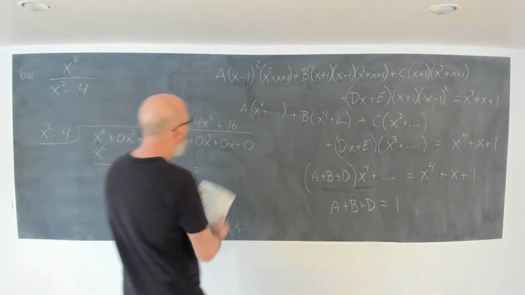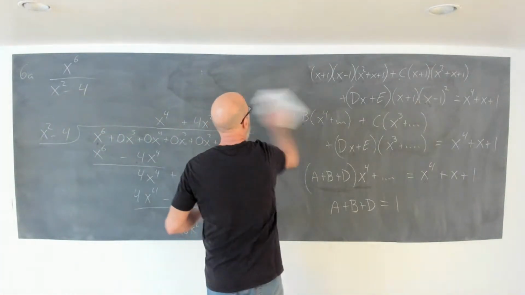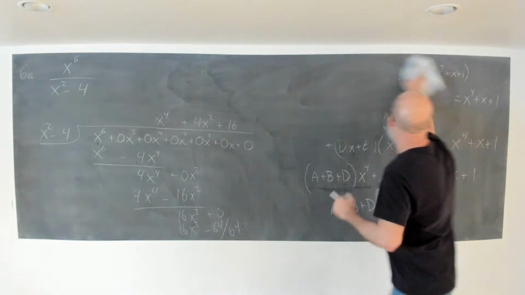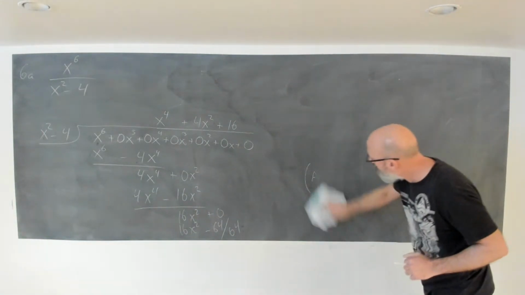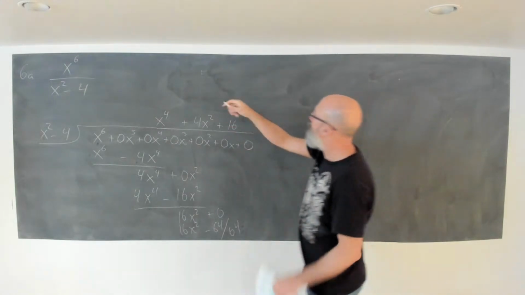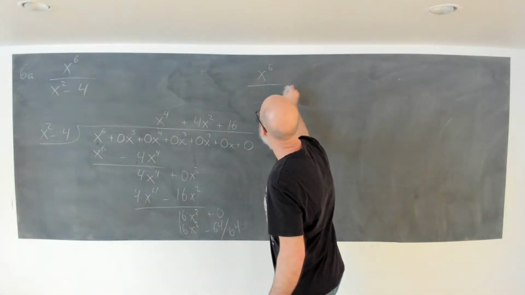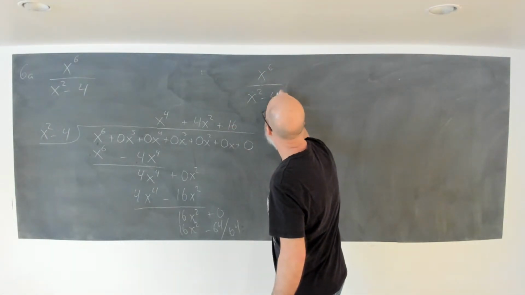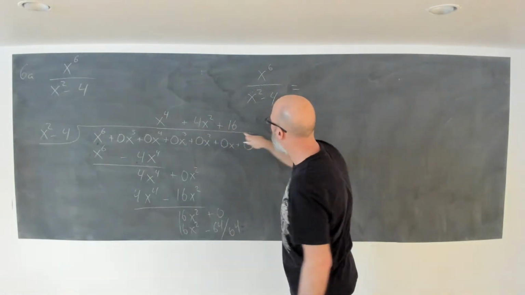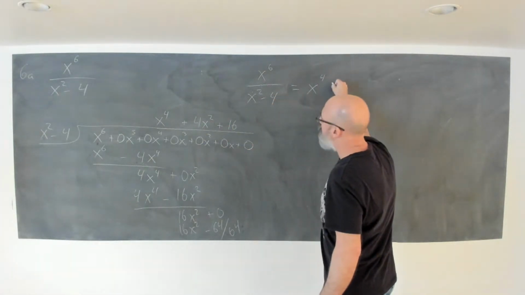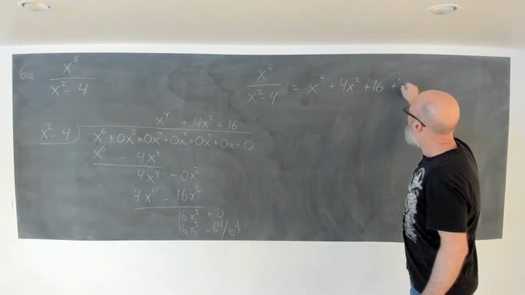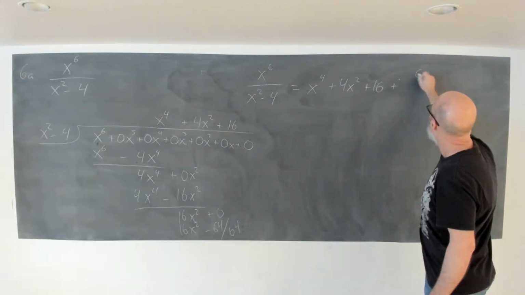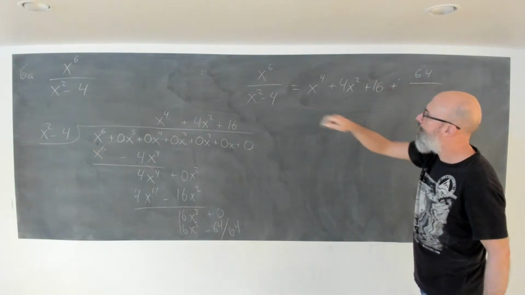So what does this suggest? This tells us that x to the 6 over x squared minus 4 is equal to this business plus the remainder over the divisor.